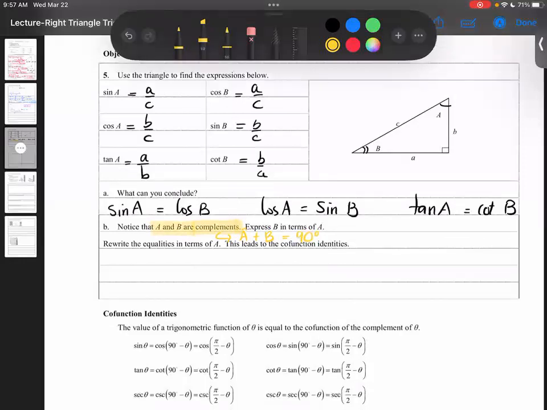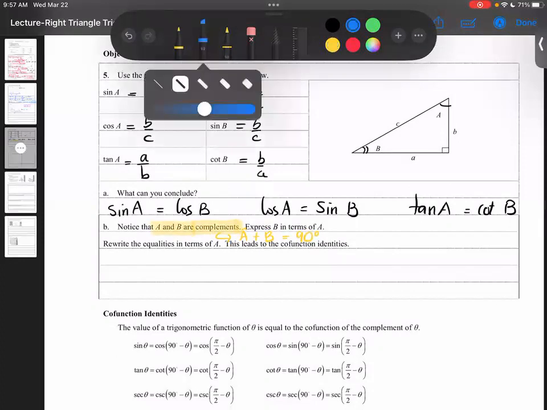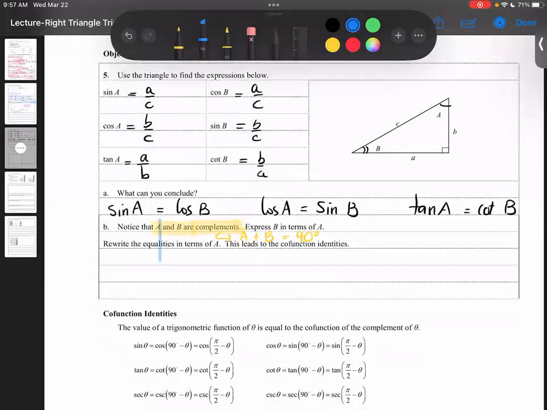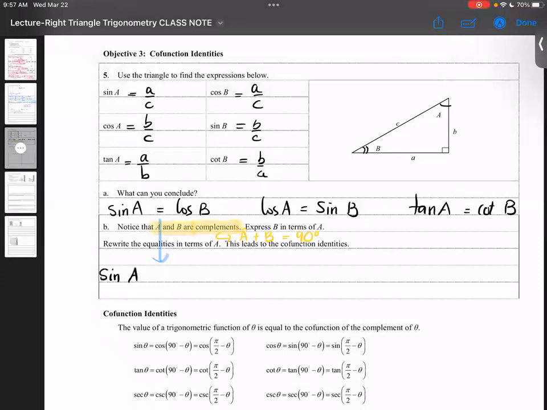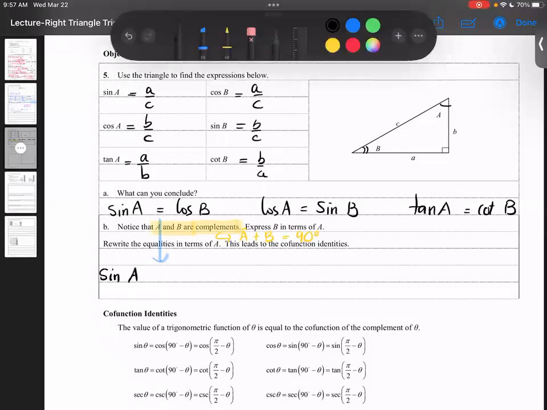Rewrite the equalities in terms of A. Now, I want to rewrite everything in terms of A. So that means I've got to transform the big B into big A. How do I do that?